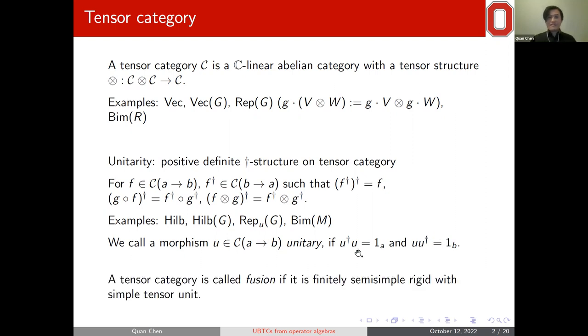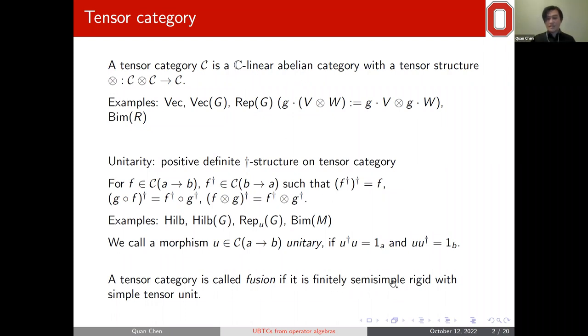The last thing is that a tensor category is called fusion if it is finitely semisimple and rigid with a simple tensor unit. Here, a simple object means the hom space on that object is a one-dimensional C vector space.